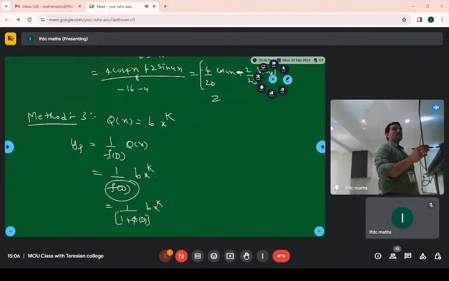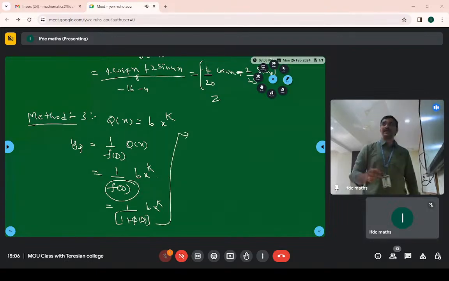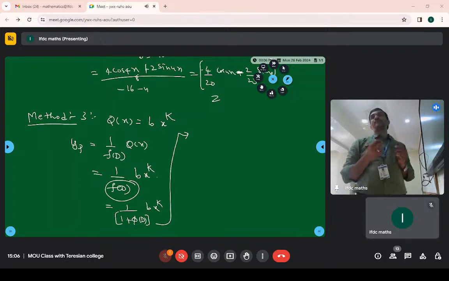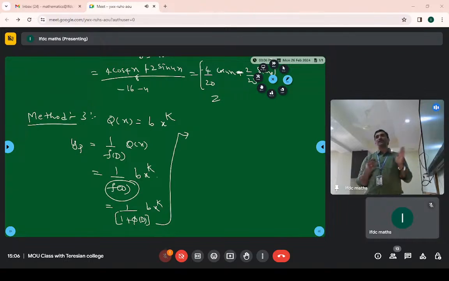So, in ascending powers, first we need to take common the lowest degree term in the denominator. After taking the common, the denominator must be converted into 1 plus phi of d. Phi of d is nothing but a function: 1 plus d square by 2 or d square plus 2d by 2, something, whatever, it depends on the question.